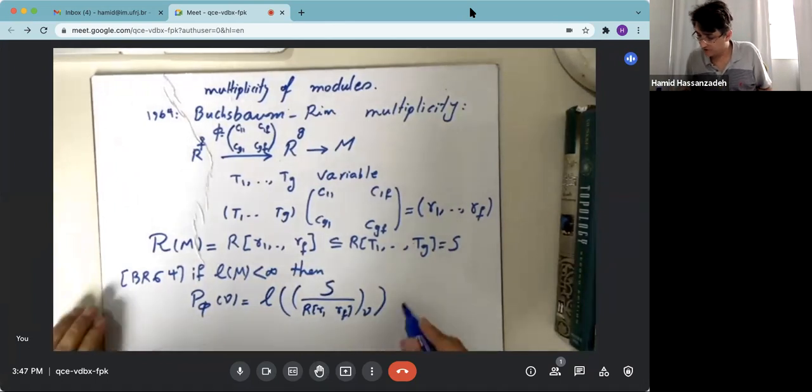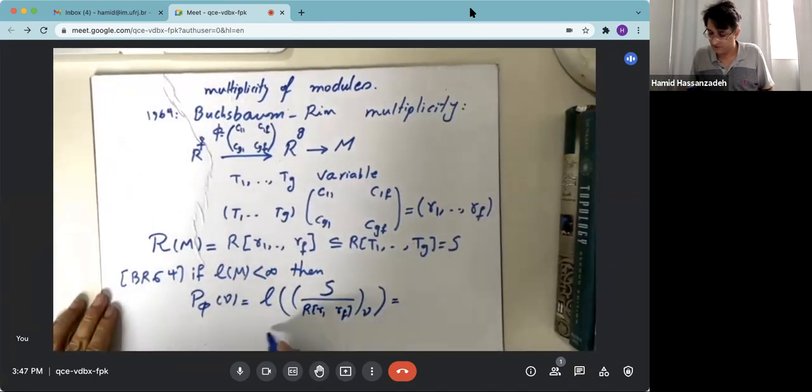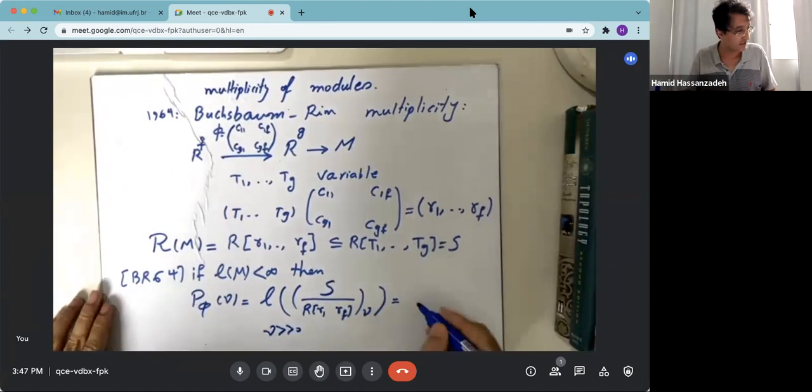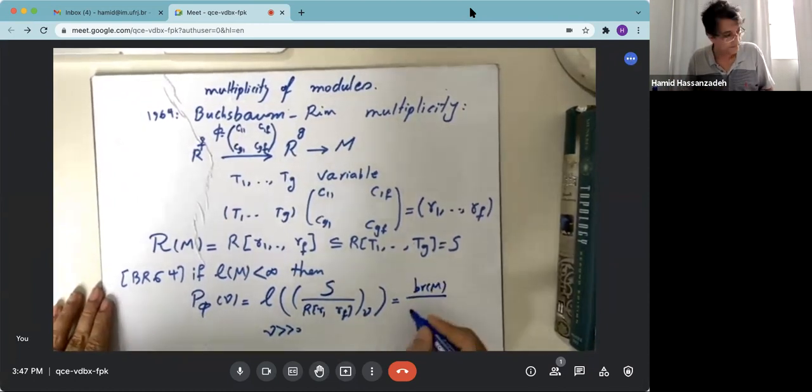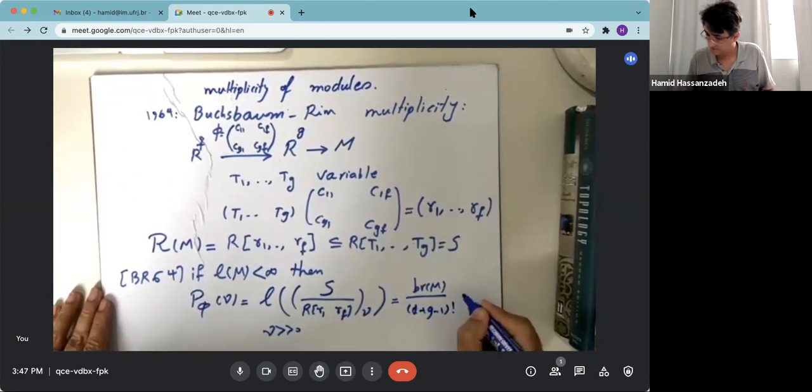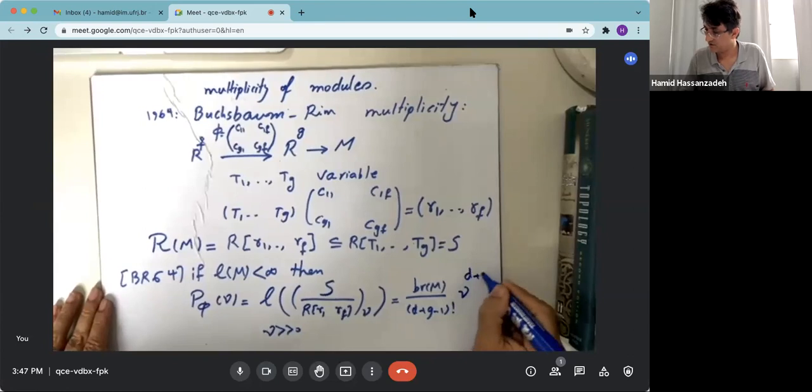For v big enough, this is a polynomial with leading coefficient the multiplicity over (d plus g minus 1) factorial, times v to the d plus g minus 1.